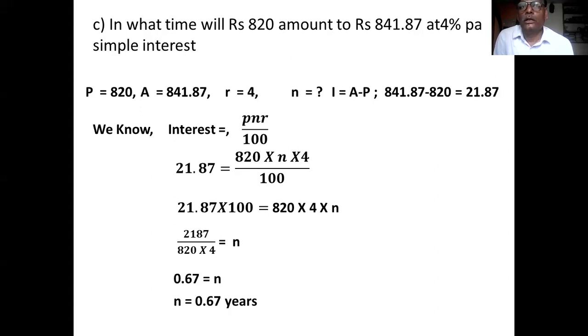How did you calculate that 8 months answer? 8 divided by 12 is equal to 0.67. 0.67 answer comes. But how to get the 8 answer?